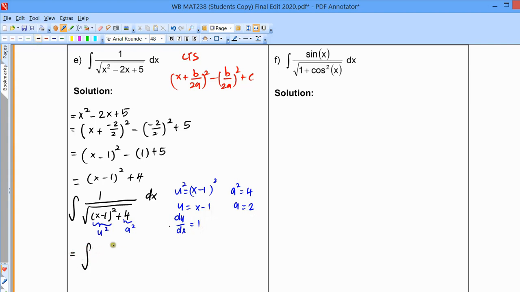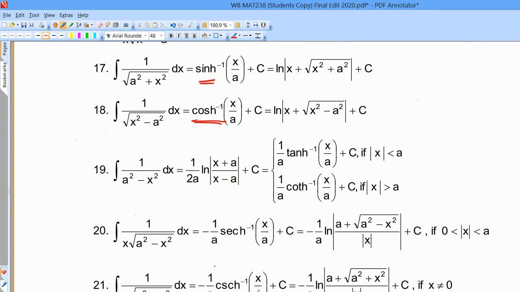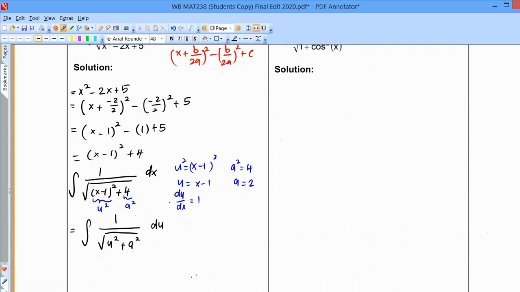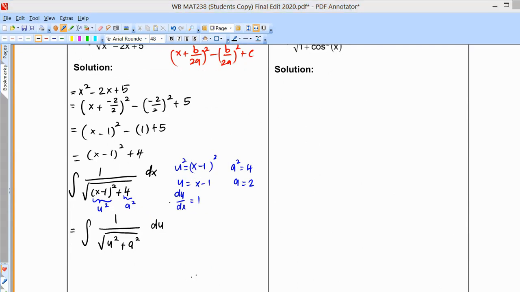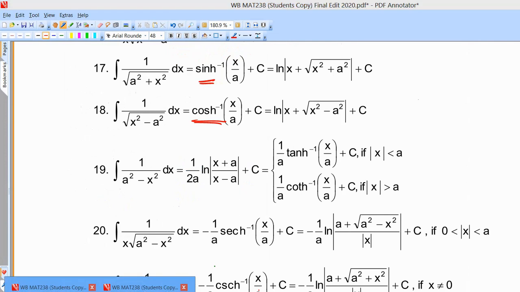You will get integrate of 1 over square root of u squared plus a squared, and then your dx becomes du. Okay, so after you substitute into the formula, now look at the appendix. So u squared plus a squared, you will get the inverse hyperbolic sine.